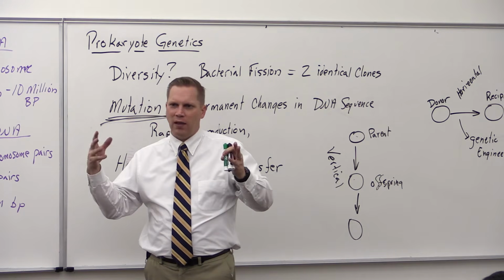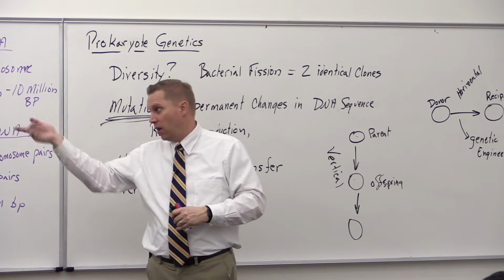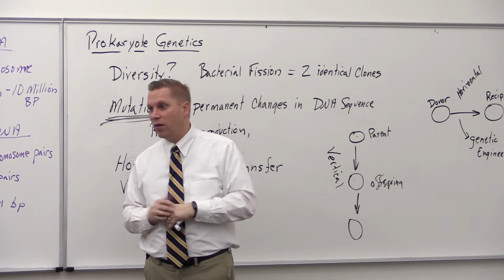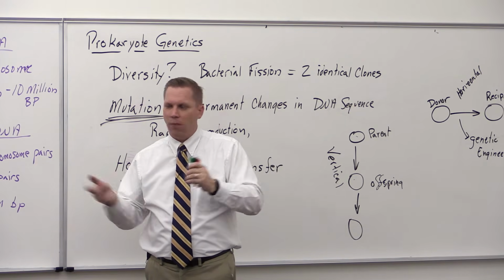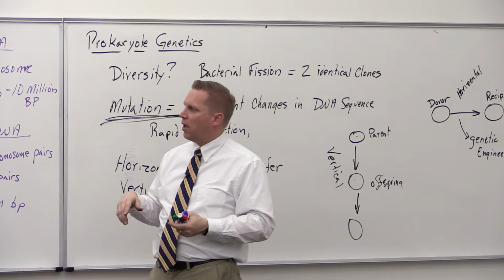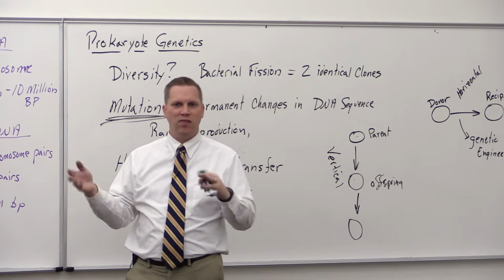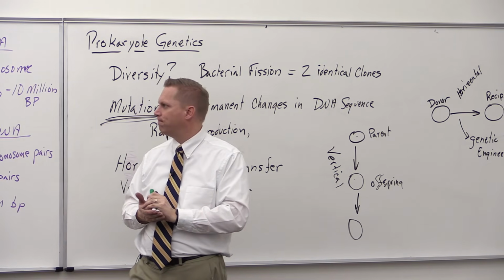You don't see cats breeding with dogs and mixing genes. But in prokaryotes, you do. You could have whales and chihuahuas, essentially, as far as species differences, be able to recombine. So conjugation, transduction, transformation are not species specific. Okay? They can be used across species boundaries.